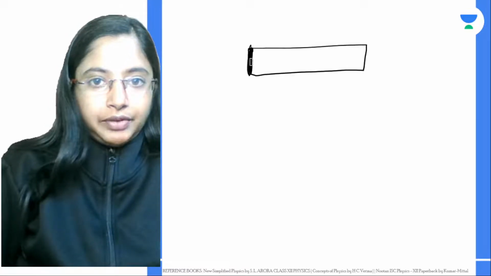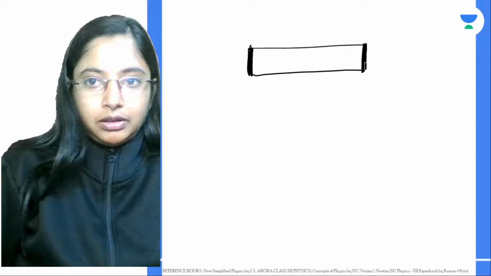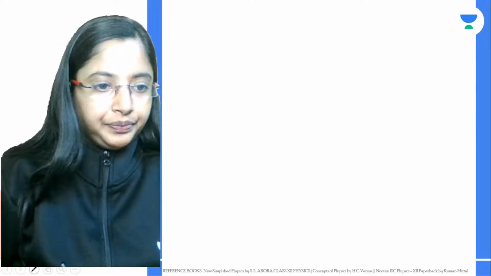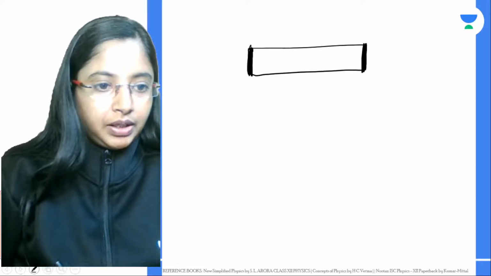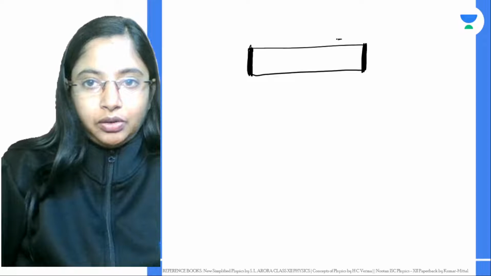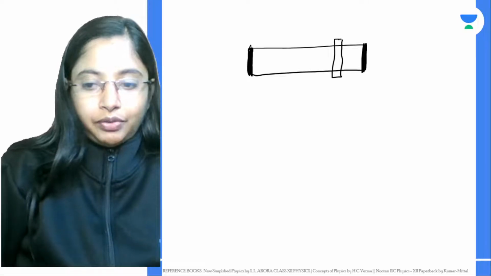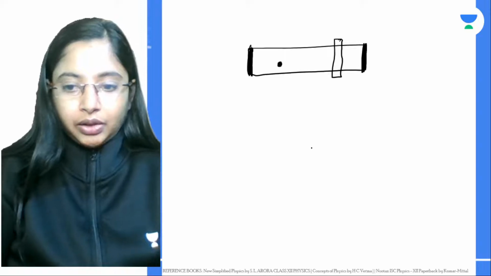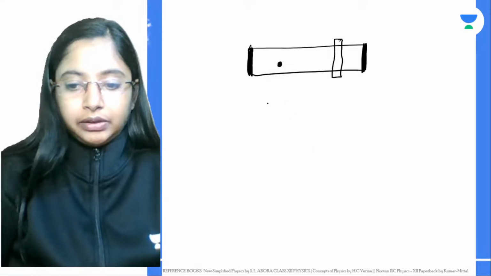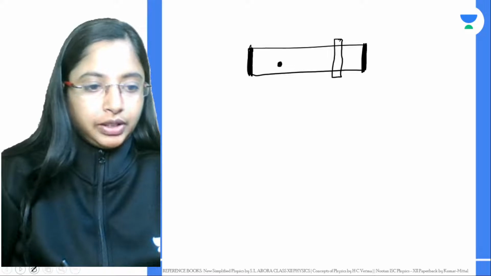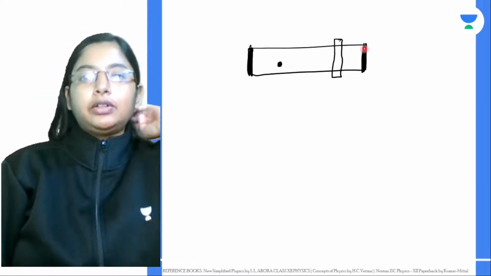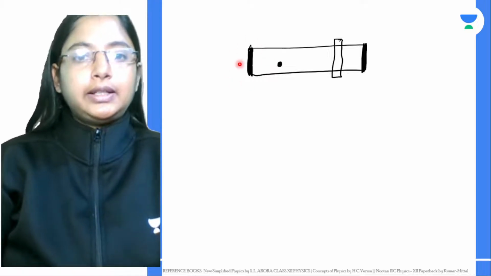You basically have the ends, and there might be a ring somewhere over here, and they would have provided a dot. There are two sides over here, and the color on these two ends is used in this other type of resistor.